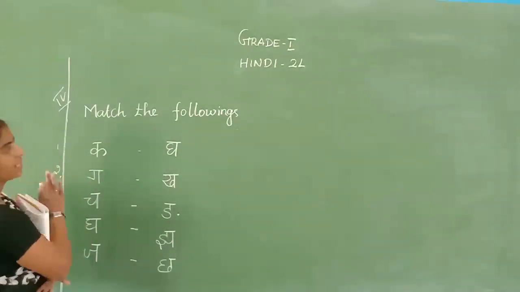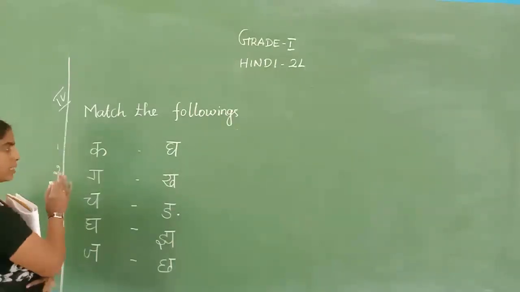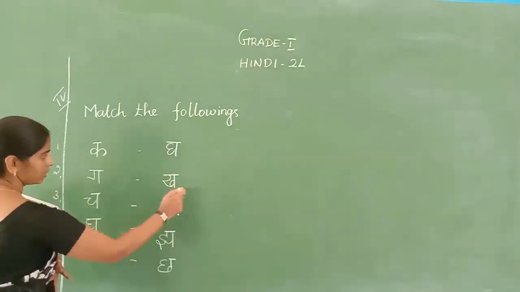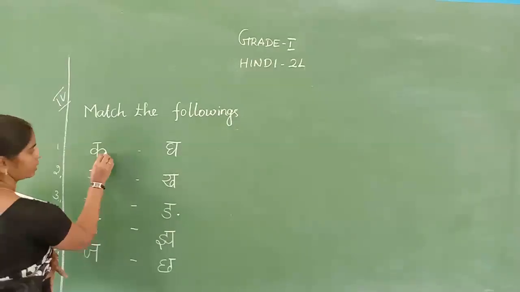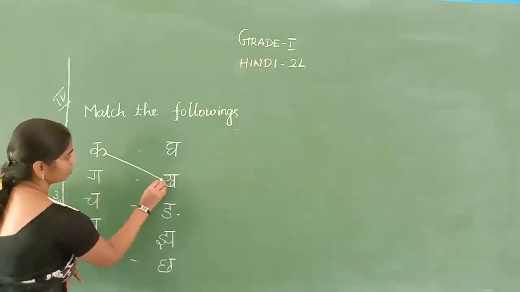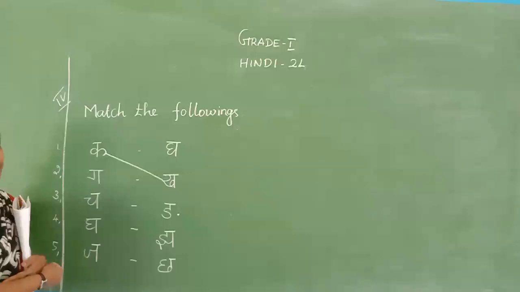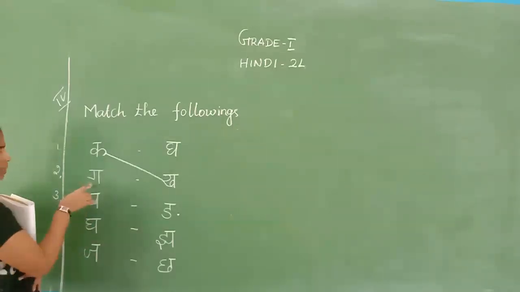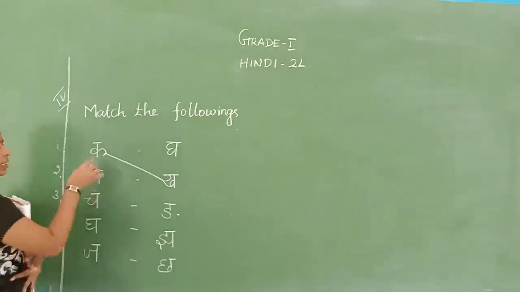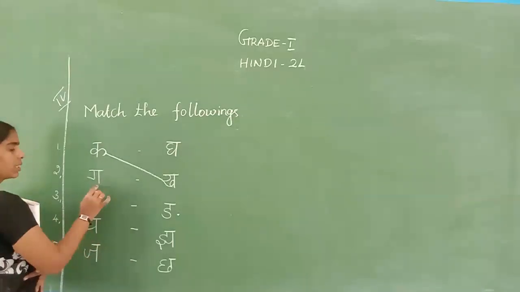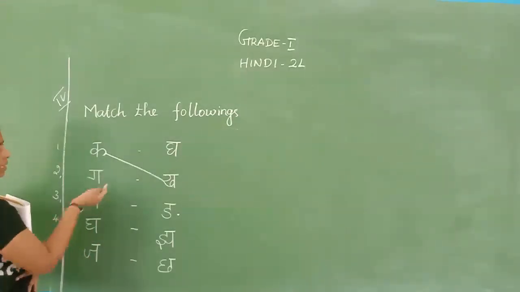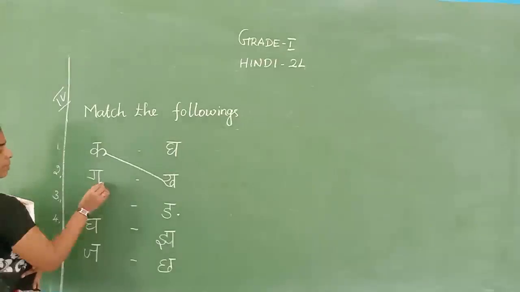Ka. Which is the next letter of ka? What is that? Listen. Yes, this is the correct answer. You have to match. Right? The next, what is this letter? Ga. Ka, ka, ga. What is that next letter? It is here. Shall we match?